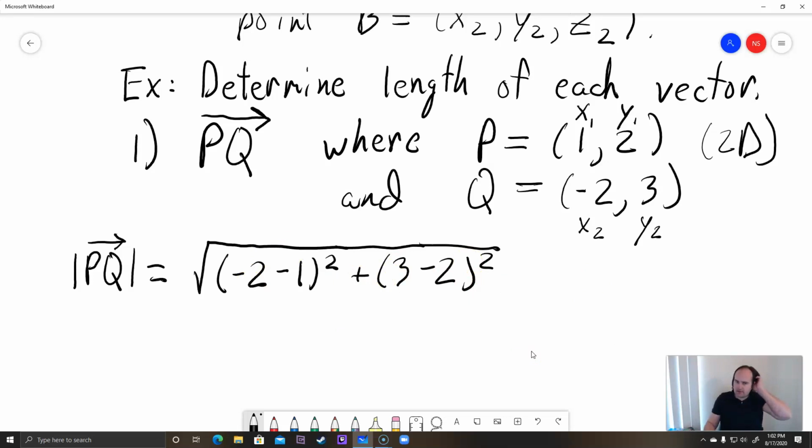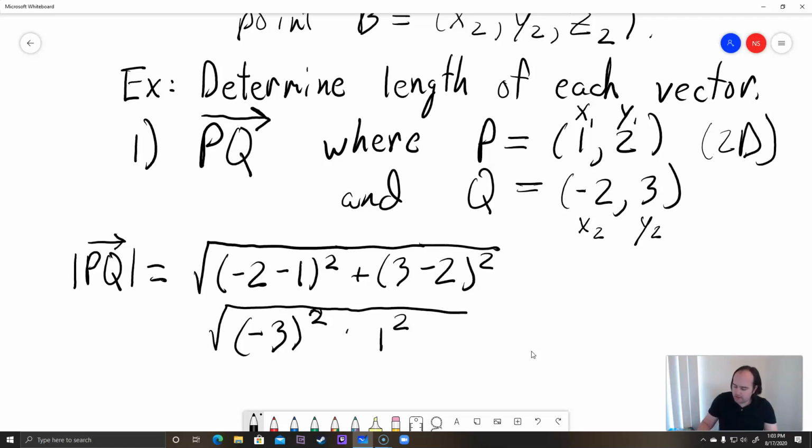Okay, and then we simplify this using PEMDAS. So first we do our parentheses. So on the inside here we have -2 minus 1 is -3. So we have the quantity -3 quantity squared. Don't forget you still have a square root here. Okay, and then over here 3 minus 2 is going to be 1 squared.